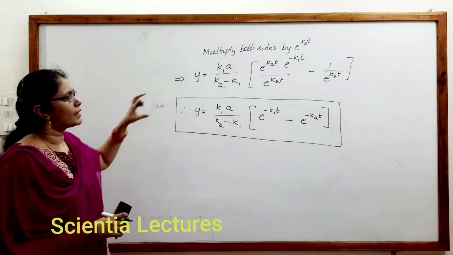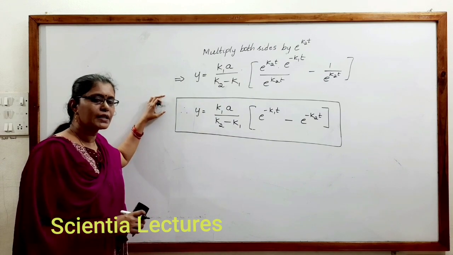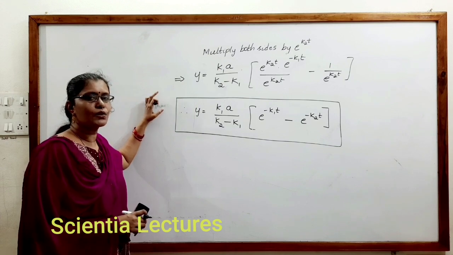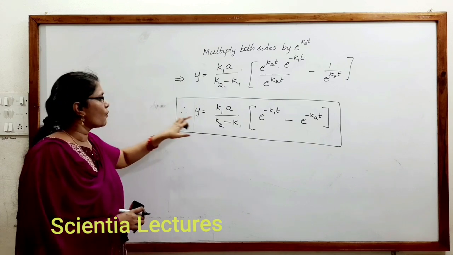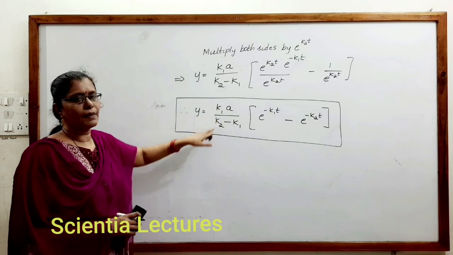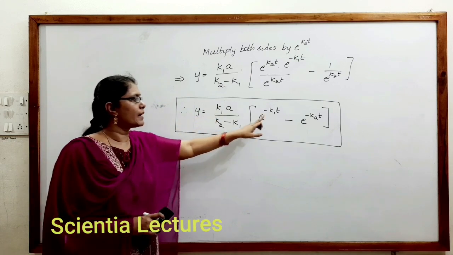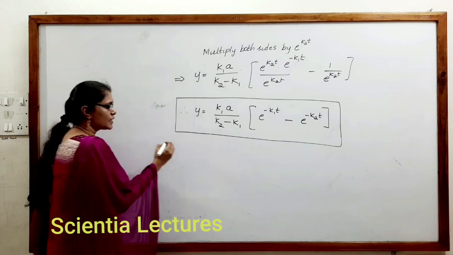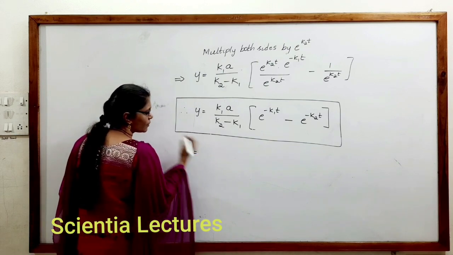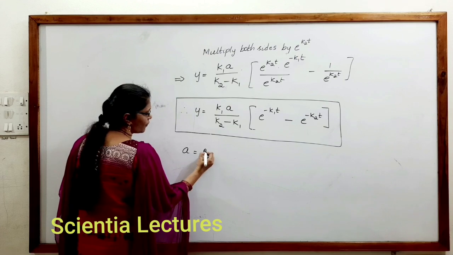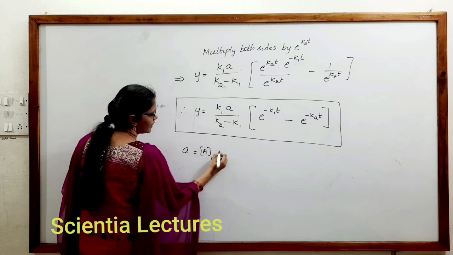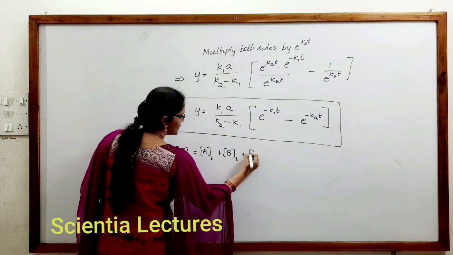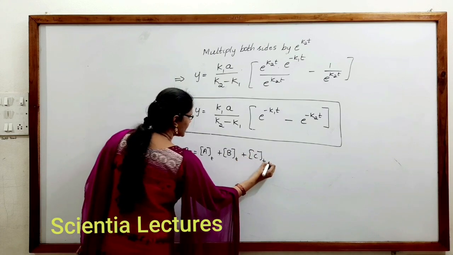Now we have already found the remaining concentration of A, that is a minus x, and the remaining concentration of B, that is y equal to k1a by k2 minus k1 into e power minus k1t minus e power minus k2t. Initial concentration A must be equal to concentration of A at that instant plus concentration of B at that instant plus concentration of C at that instant.